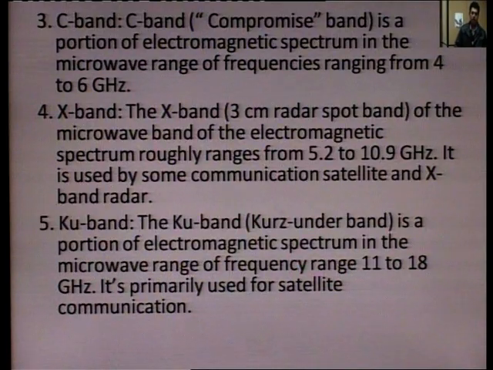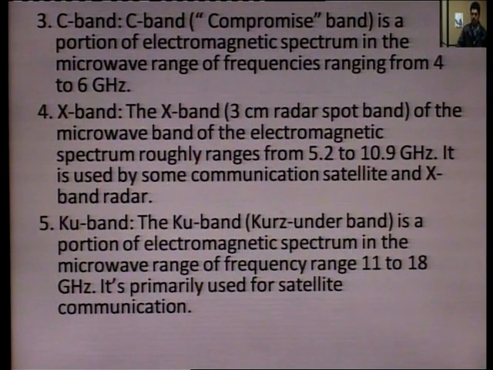Similarly, C band, the compromise band, is a portion of the electromagnetic spectrum that has a frequency range from 4 to 6 gigahertz. Similarly, another band is X band. Again, the frequency range is 5 to approximately 10.9 gigahertz. It is used by some communication satellites and X band radar. Ku band is a portion of the electromagnetic spectrum in the microwave range of frequency 11 to 18 gigahertz.